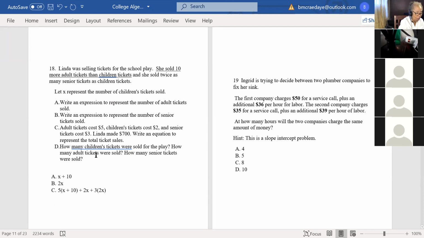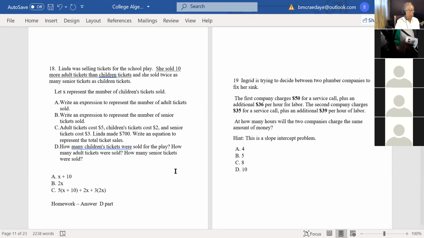Okay, so homework. Answer D part. That's your homework. We've got everything you need to answer it. I want you to put it all together and answer D. So how many children's tickets were sold?